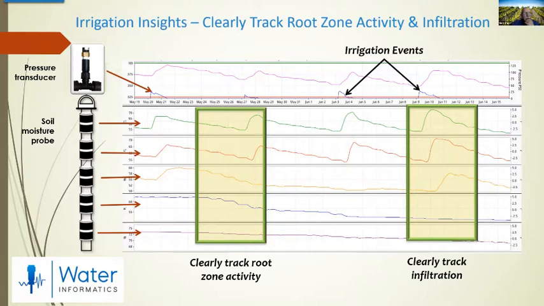Now, the top picture is a T that you would typically see hooked up to your riser that brings water from the manifold, from the filter, from the well, right? On that T, we put a transducer, and that allows you to see exactly when those irrigations occur and for how long. So you can see the arrow on that top chart showing how long that irrigation happened, and the length of it.